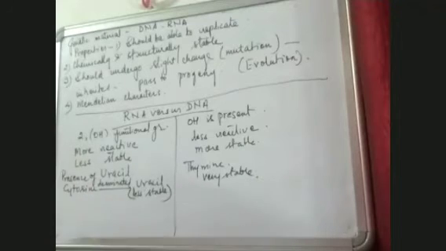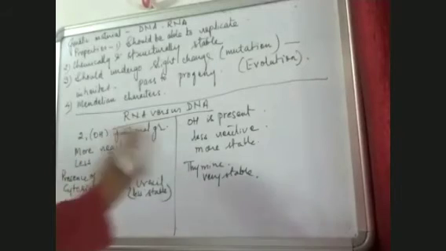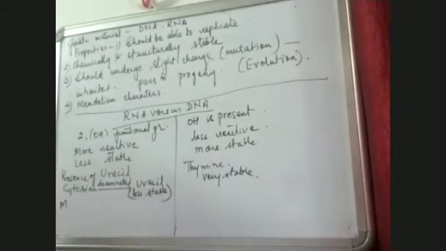And because of the highly reactive nature of RNA, the mutation rate is faster. Of course, both of them undergo mutation. Mutation is seen in DNA as well as RNA, because mutation is a feature of both DNA and RNA.